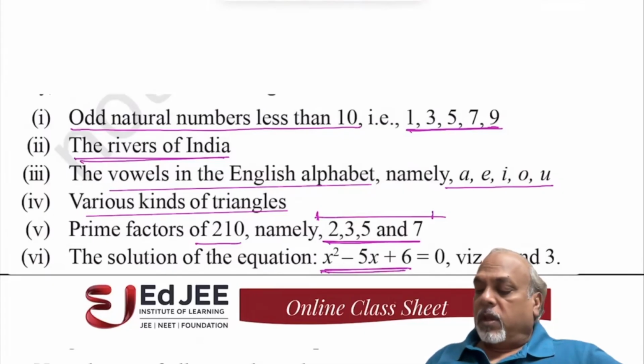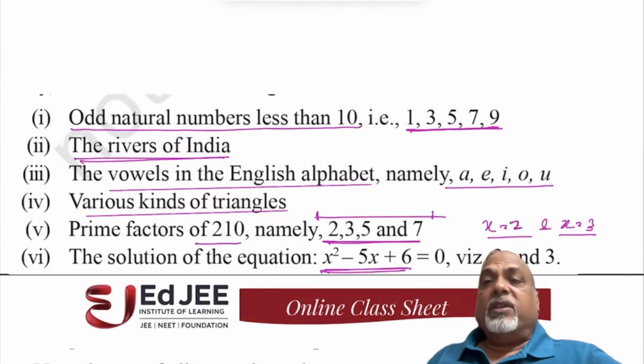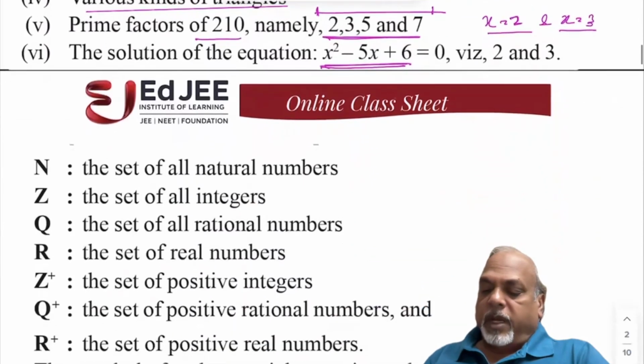Solution of this means x is equal to 2 and x is equal to 3. So these are distinct objects and they also form a type of collection of objects which are the solution of this equation, correct? Like that, these are the particular kind of objects which can make sets.